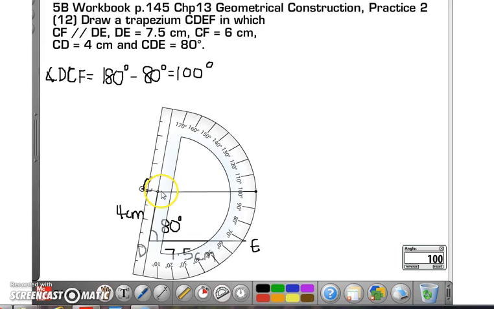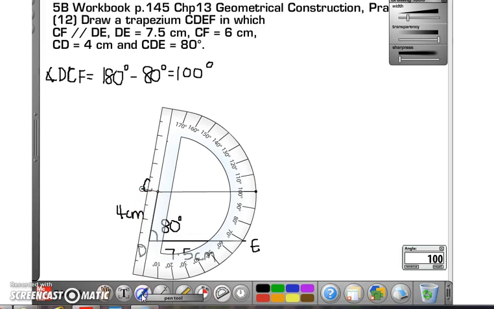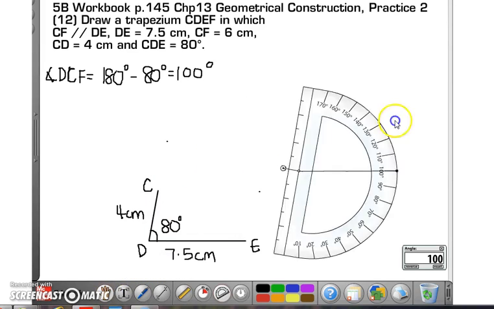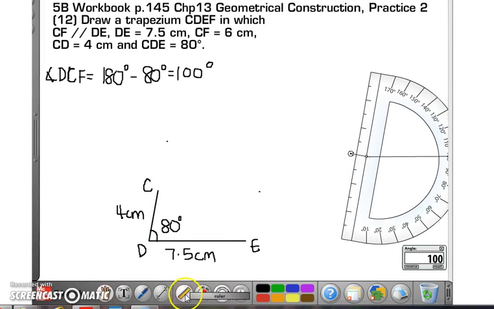So DCF is going to be 100 degrees. So I use my pencil, I put a mark above at the 100 degree point so that I will then use my ruler to join the two lines together.